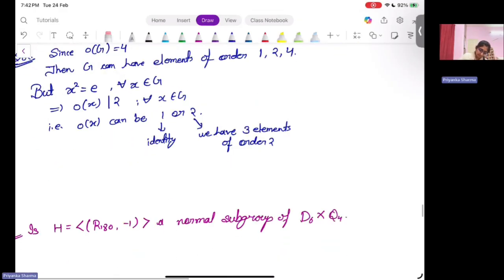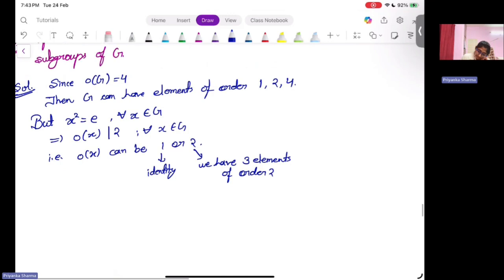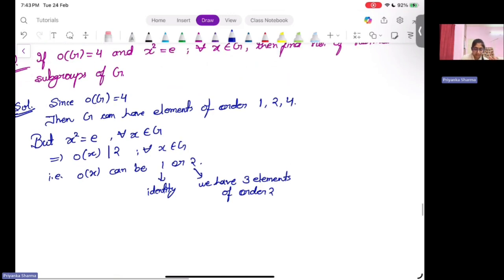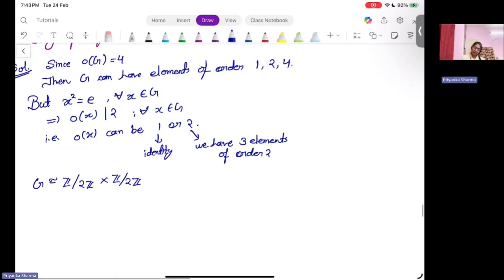Okay. It means we have a group of order 4 which has identity and 3 elements of order 2. So the group can be isomorphic to either we use this notation or we can write K4 also. Okay.